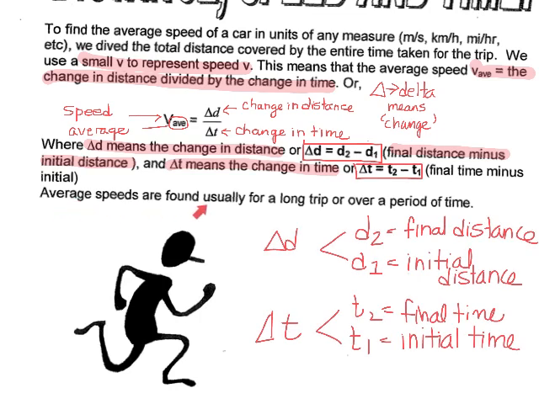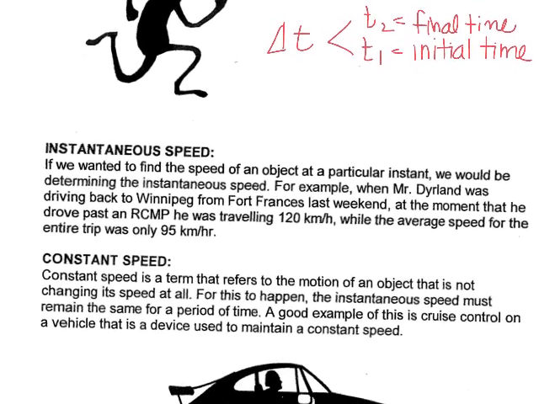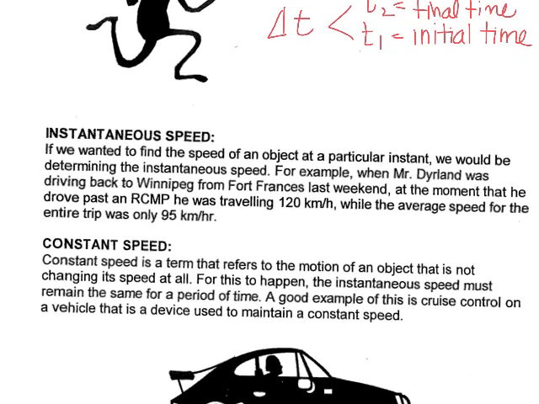So average speeds are found usually for a long trip or over a long period of time. Instantaneous speed: if we wanted to find the speed of an object at a particular instant, we would be determining the instantaneous speed.